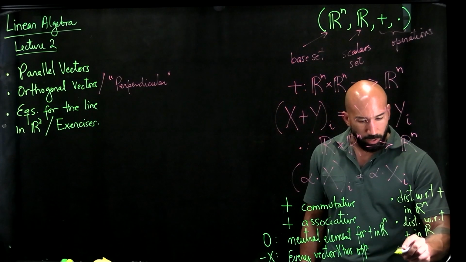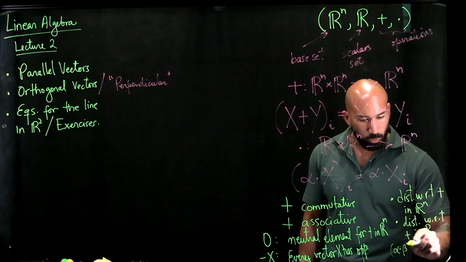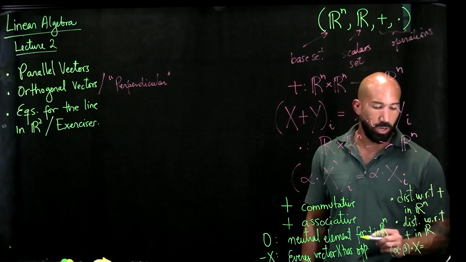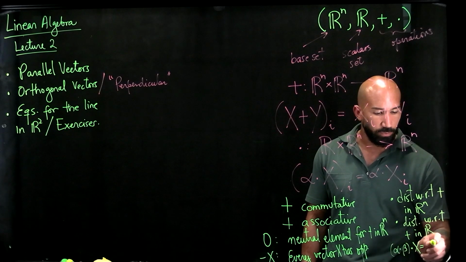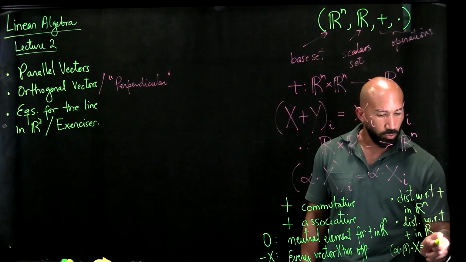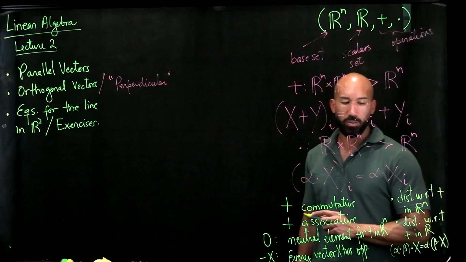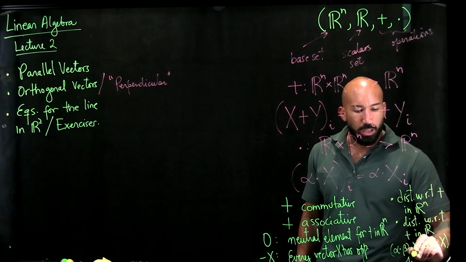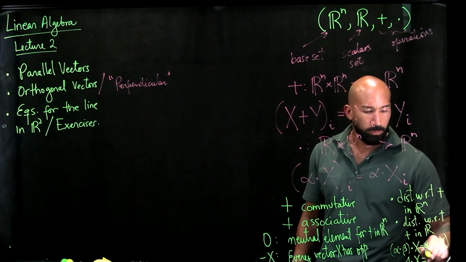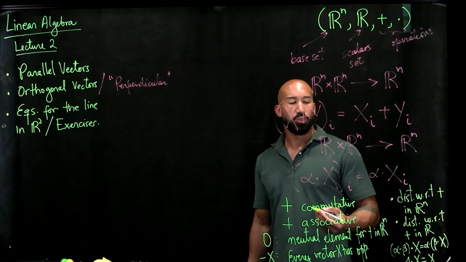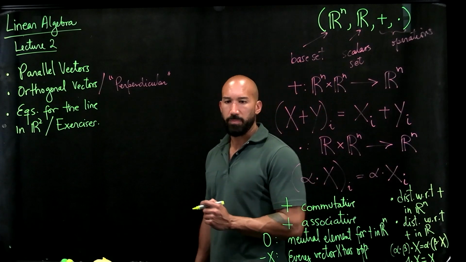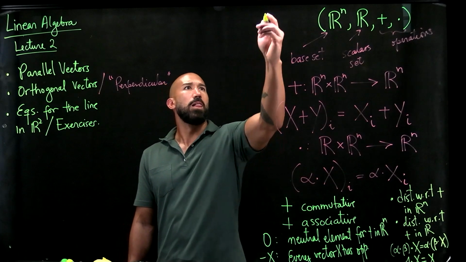We know also that if we multiply two scalars and then multiply the resulting scalar by a vector x, we are going to obtain the same result as if we multiply the vector by one of the scalars first, and then the result is multiplied by the other scalar. Okay, and one is the neutral element for the multiplication. So every time we multiply any vector by one, the result is going to be the same vector. Is that okay?